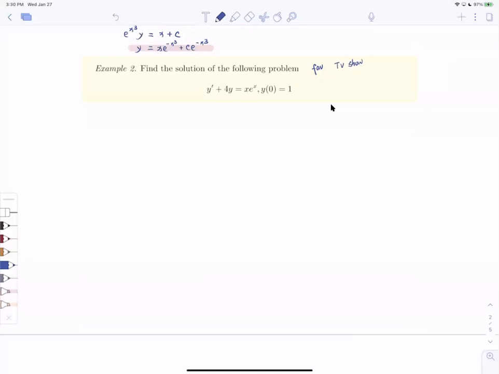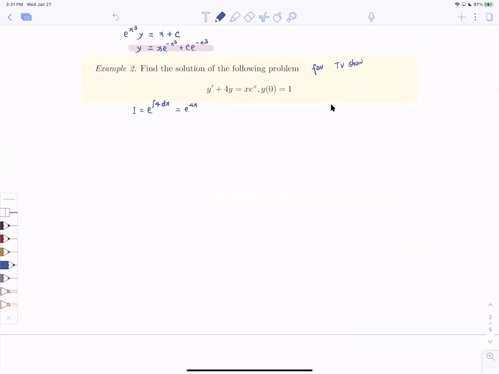Okay, seems like most of you finished already. Let's talk about this. The first step, we need to check if it's in standard form, and we can tell that it is in standard form. So our integrating factor is e to the power of integral of 4 dx, which will give you e to the 4x.